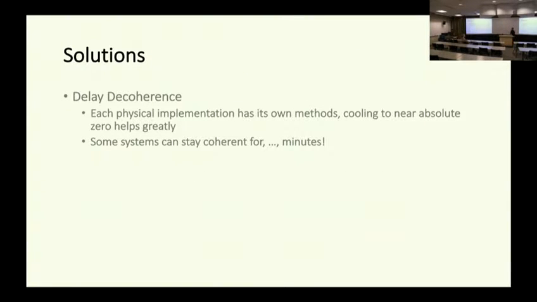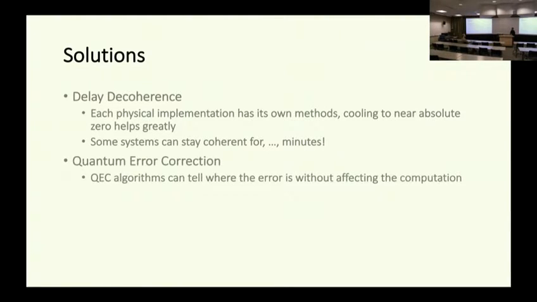There are solutions, however. You can delay decoherence. As I said, one is by simply cooling. There are other ways of doing it where you can actually make these qubits live for minutes even. Quantum error correction I talked about. There are algorithms that actually can correct the errors by spreading the qubits and not affecting the main computation.